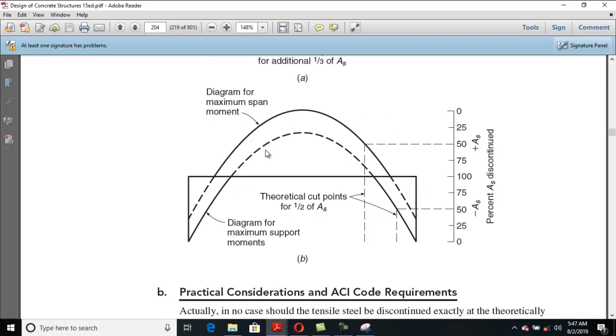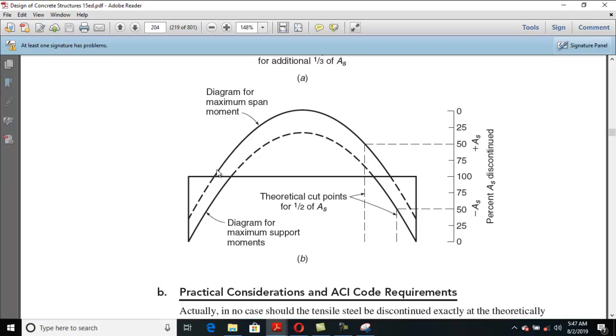These dotted lines show the actual moment diagram, and this full line shows the moment strength, or you can say the moment provided by the steel area, as we did in the Cormac book in lecture 9. So that is the moment strength envelope diagram.